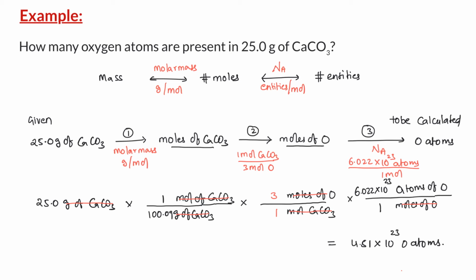And we can go the other way around as well. If we know the number of entities, you should be able to calculate the number of moles of substance. And if we know the number of moles, you should be able to calculate the mass of the substance using the molar mass. So the number of moles of compound acts as a bridge between the mass and the number of entities.